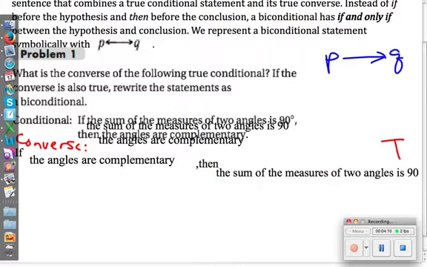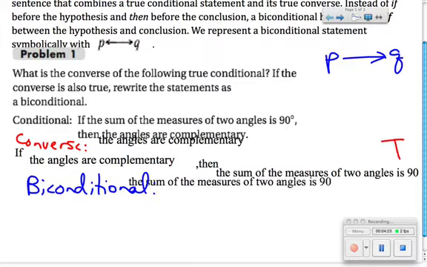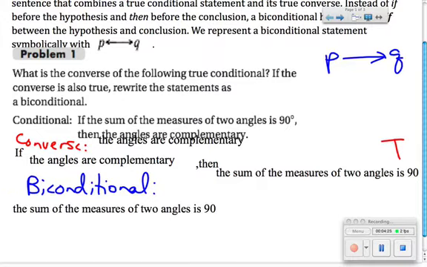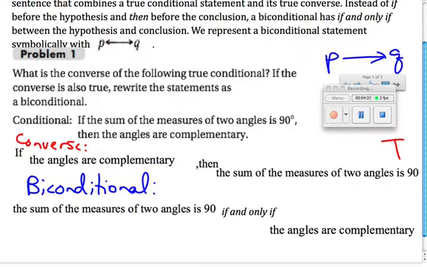So our true biconditional statement would be: the sum of the measures of two angles is 90 if and only if the angles are complementary. That would be our biconditional statement. And again, I know that making these sentences in these different ways is very new to us. I want to emphasize, again, a conditional statement is if-then, a biconditional is if and only if.